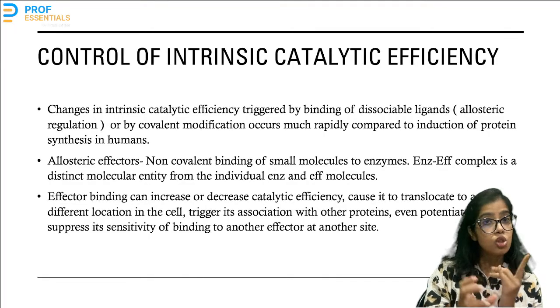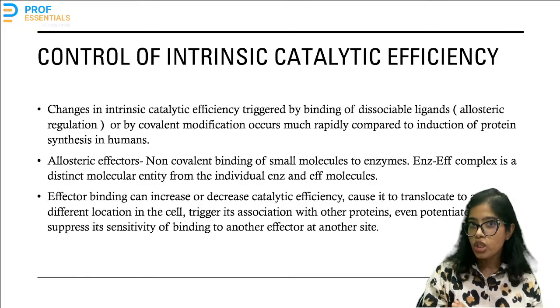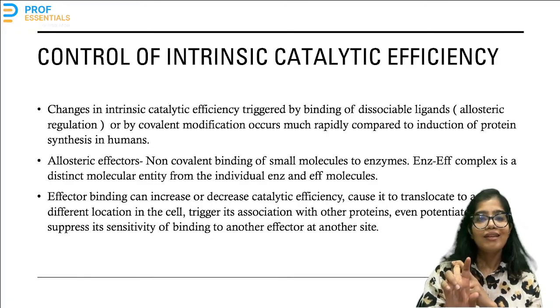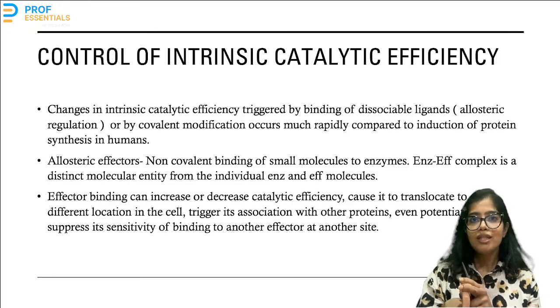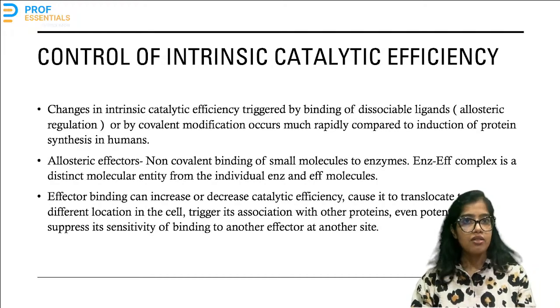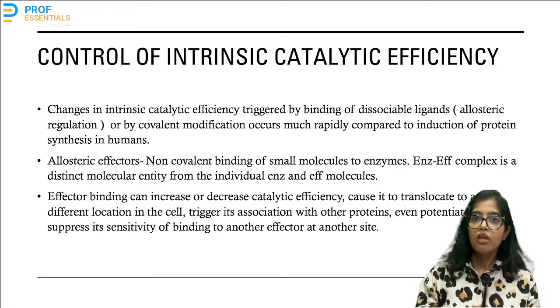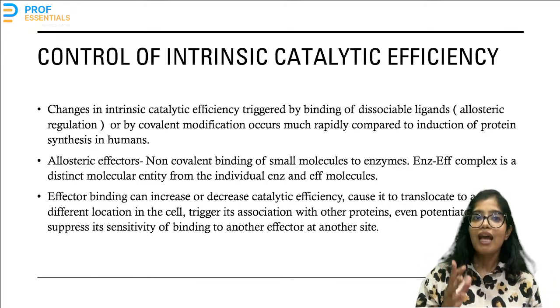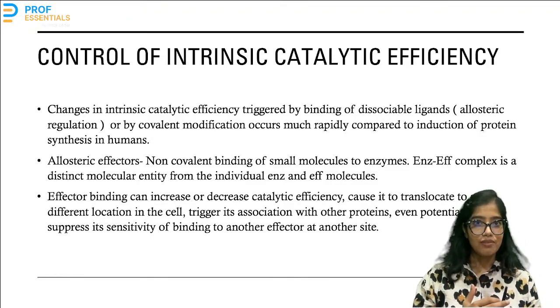So how do you control the rate limiting step? By either controlling the enzyme concentration or by controlling the intrinsic catalytic capacity of the enzyme. How do you control the enzyme concentration? By inducers or repressors. How do you control the intrinsic catalytic efficiency? By either allosteric regulation or by covalent modification.